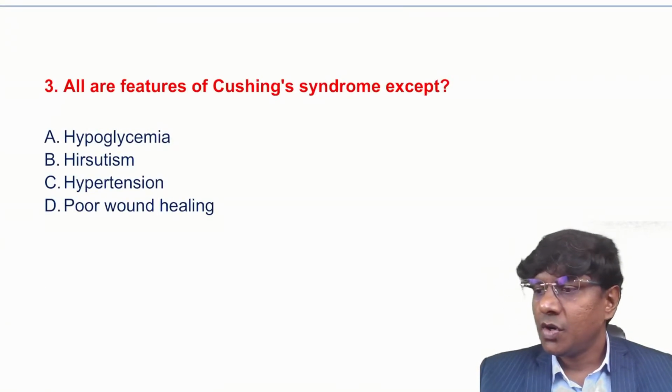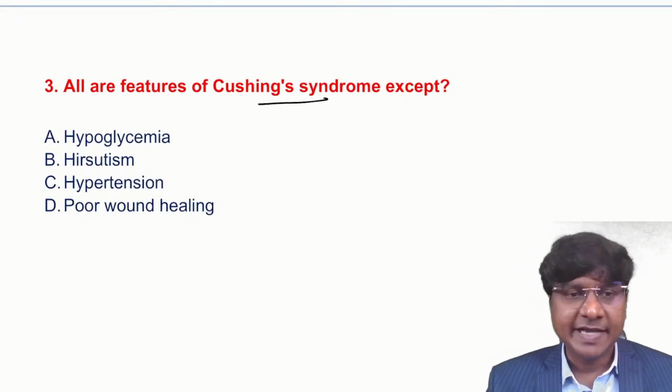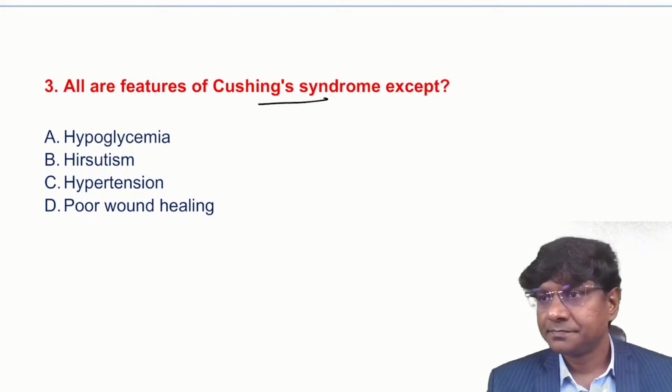All of the following are the features of Cushing syndrome except hypoglycemia, hirsutism, hypertension, poor wound healing. Anyone want to make an attempt at this question? Right.